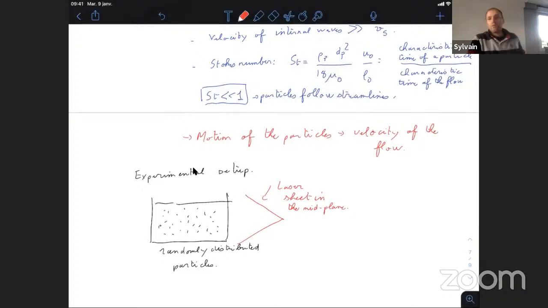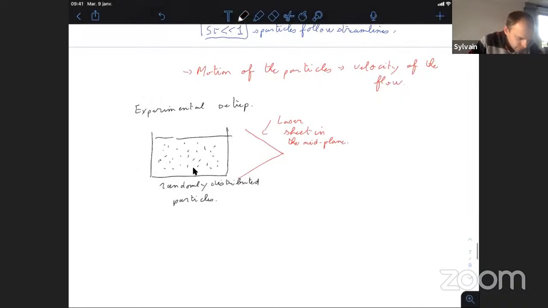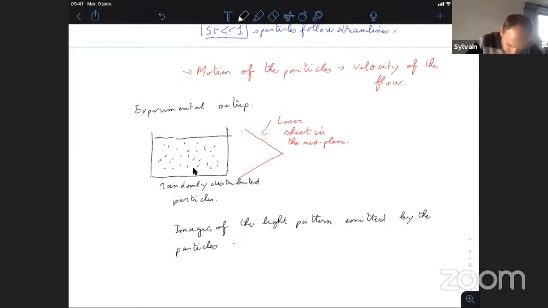If you have a sweepy tank, we can do horizontal motion, vertical motion. It depends where you have your laser sheet. And you measure the intensity with a camera. We take an image of the light pattern emitted by the particles, recorded with a camera.